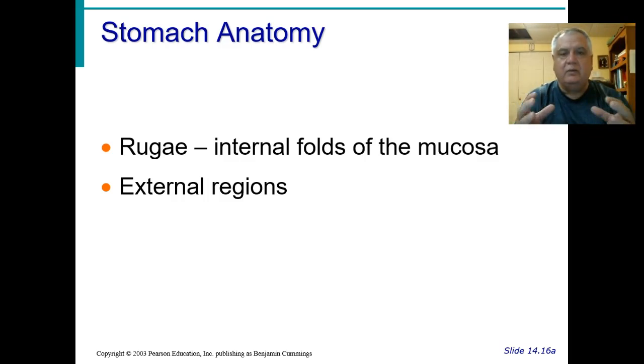When the stomach is empty, it will collapse into these folds of mucosa called rugae. If the stomach has a lot of food in it, it will distend, and these folds will unfold or disappear. You wouldn't see them in a full stomach that's greatly distended. But when the stomach is empty, these folds will form, and you would see these internal folds of mucosa much more easily.